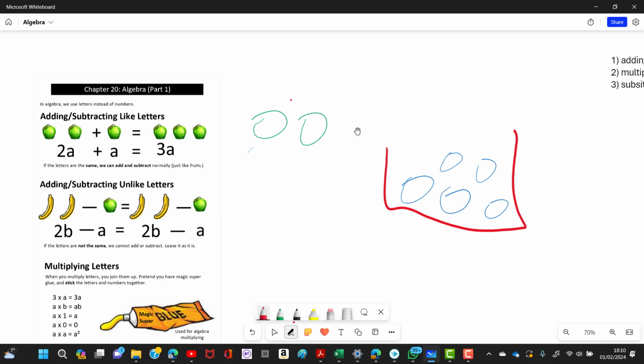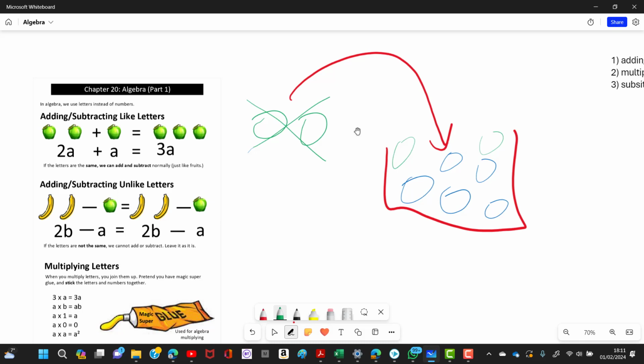Now, if you put those 2 apples into this basket, how many apples do you have in total? 1, 2, 3, 4, 5, 6, 7. So 2 apples plus 5 apples is 7 apples.